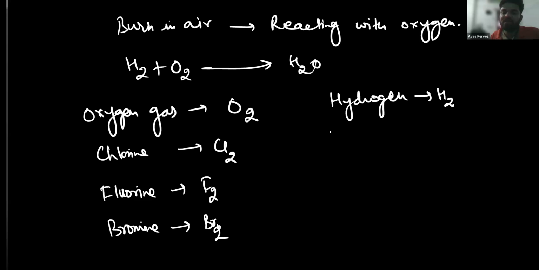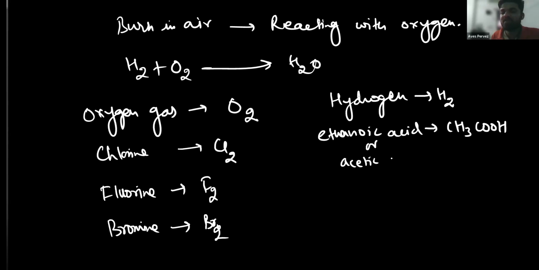Okay, and that is ethanoic acid. The formula for ethanoic acid is CH3COOH. This is a common name, ethanoic acid, or we also call it acetic acid. Okay, next one is sulfuric acid. What's the formula for sulfuric acid?